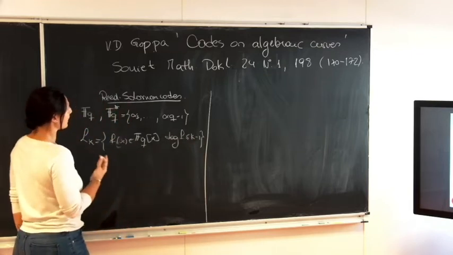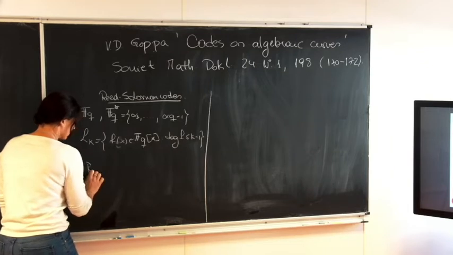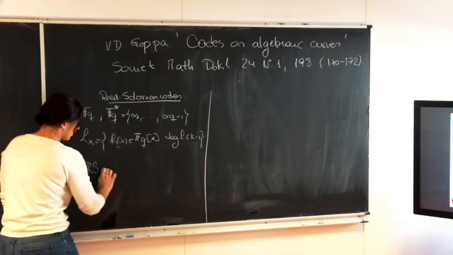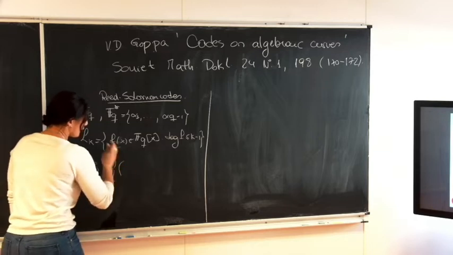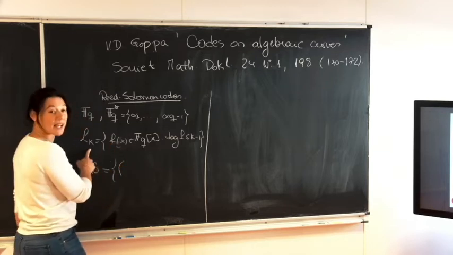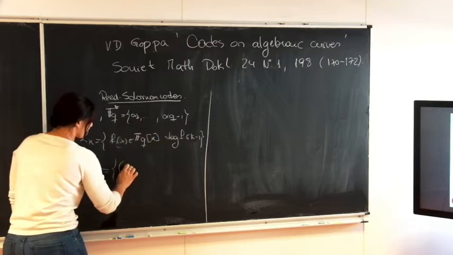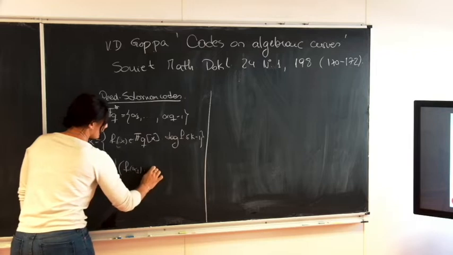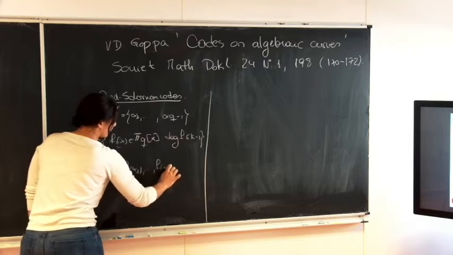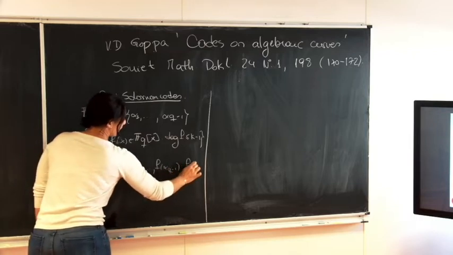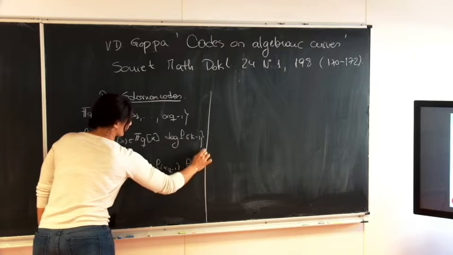And so the Reed-Solomon code was just the evaluation of polynomials inside this space at all the elements of F_q star: (f(alpha_1), ..., f(alpha_{q-1})) for an f in L_k.